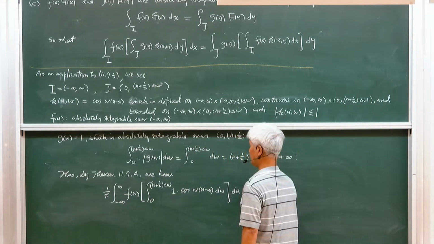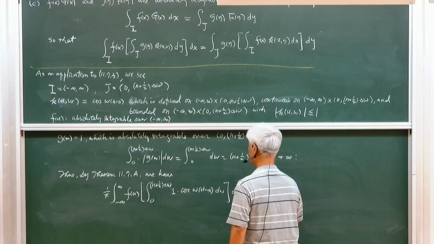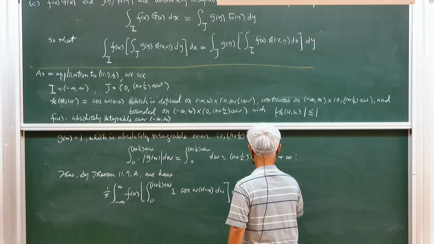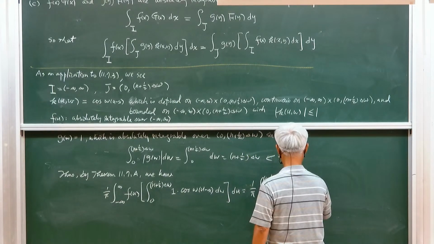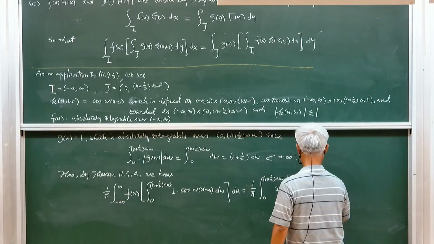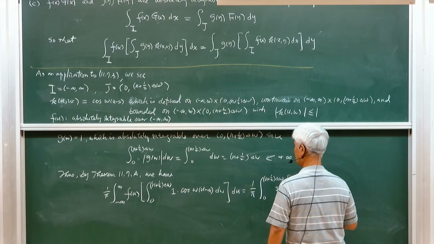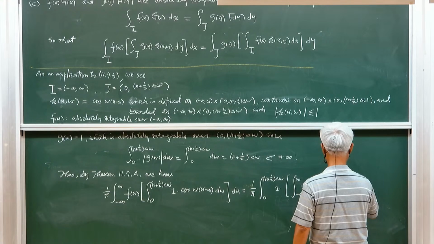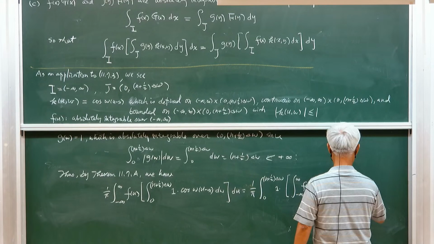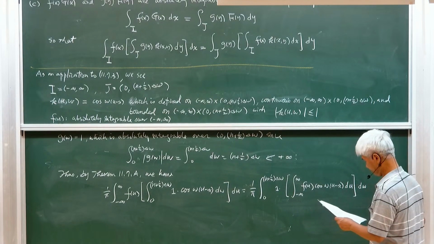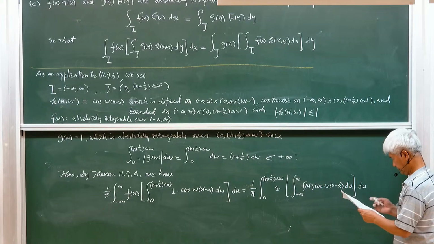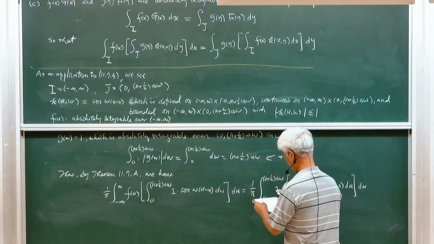This becomes 1 over pi, the integral from 0 to n plus 1/2 delta omega, and 1 here, inside f of u cosine of omega times u minus x, du and d omega.